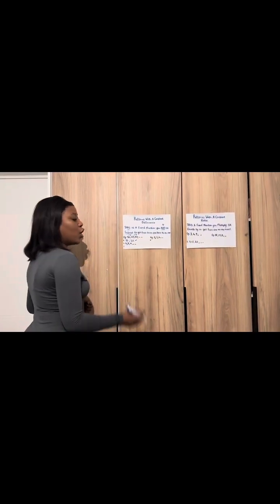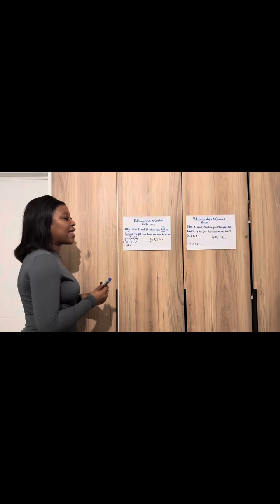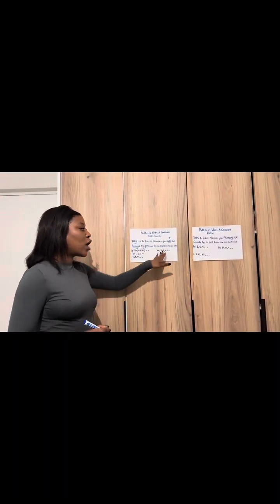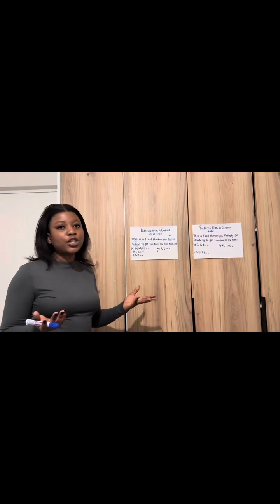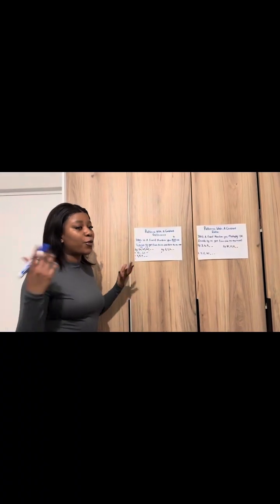You get your mark. We're going to do the same on this side. Look at that example: 3, 7, 11. Now we're seeing that the numbers are getting bigger. We know with constant difference, when it gets bigger, it means we need to add. So how do we get from 3 to 7? What you can do is subtract the first term from the second term to get your constant difference, or the rule of your pattern.